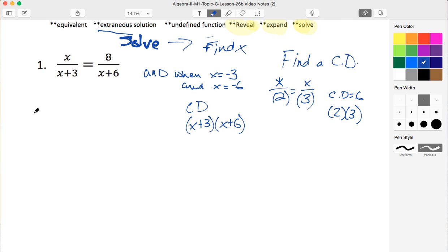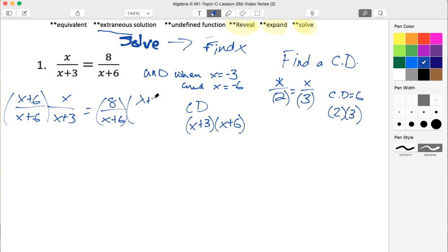That makes it really convenient because if I rewrite my problem, x over x plus 3, I can multiply this by x plus 6 over x plus 6, and 8 over x plus 6, and I'm going to multiply by x plus 3 over x plus 3. So at this point, we are going to multiply both sides, and then they're going to have a common denominator.